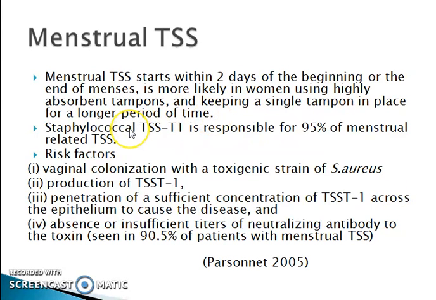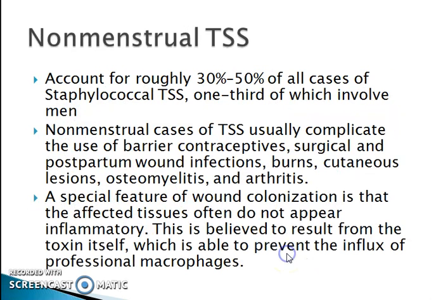The risk factors are vaginal colonization with a toxigenic strain of Staphylococcus aureus, production of TSST-1, penetration of sufficient concentration of TSST-1 across the epithelium to cause the disease, and absence or insufficient titers of neutralizing antibody to the toxin, which is seen in 90% of patients with menstrual toxic shock syndrome.